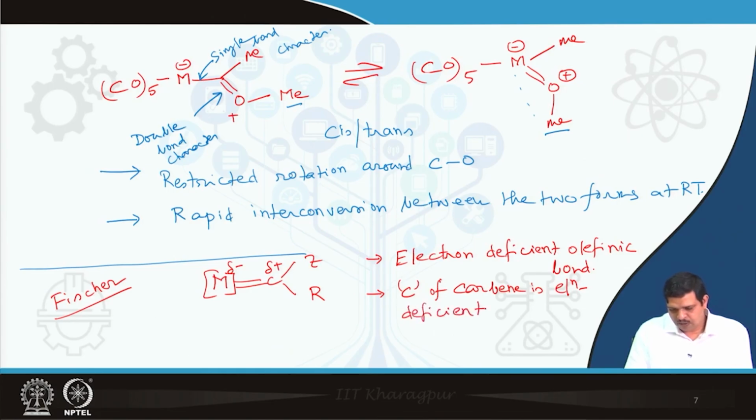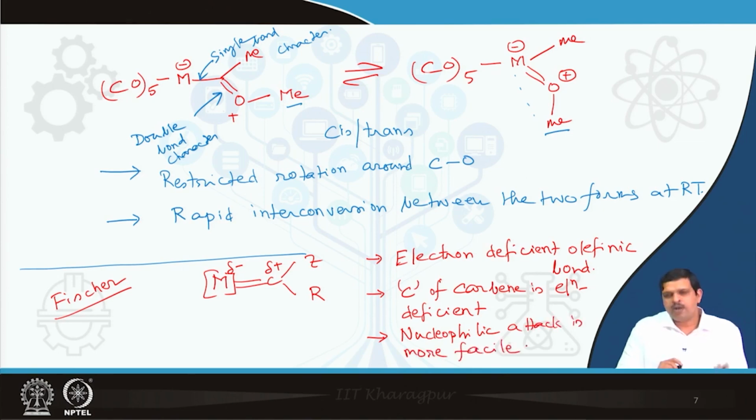That means it reacts with nucleophile. So nucleophilic attack is more facile. I think it is very clear now for the Fischer-carbene complexes. So it is now very clear what I am telling you.